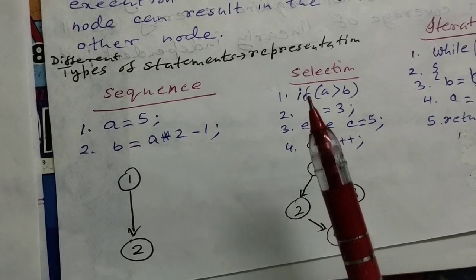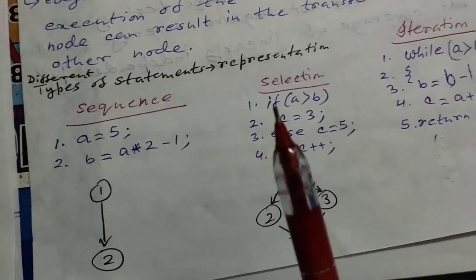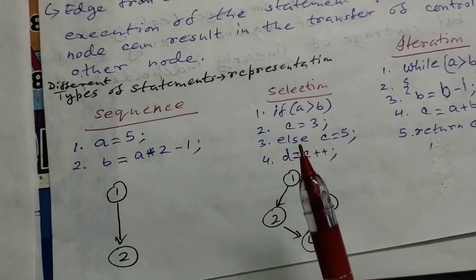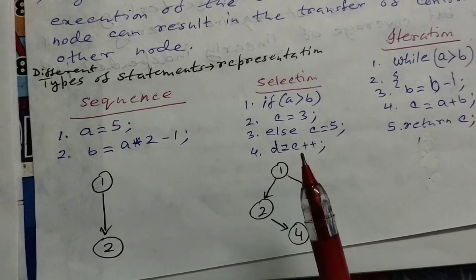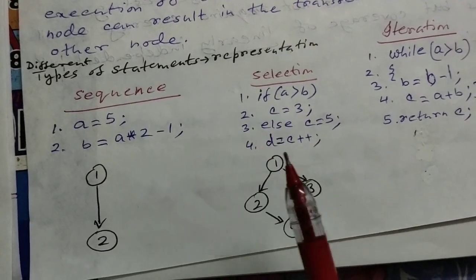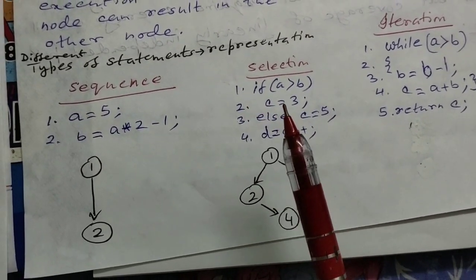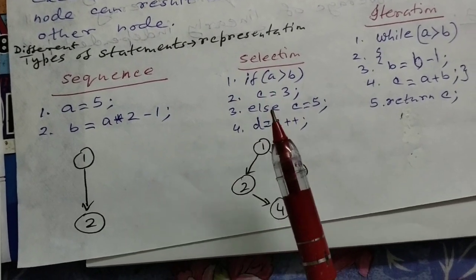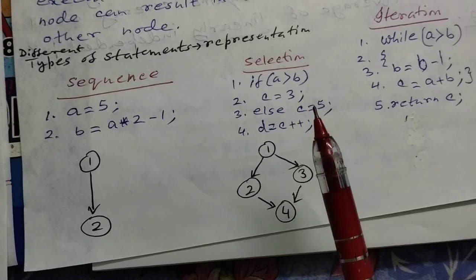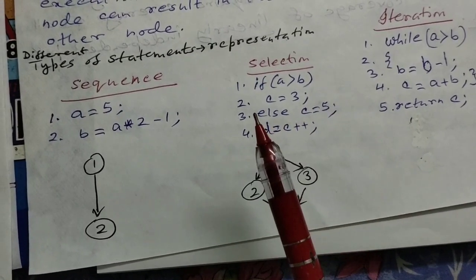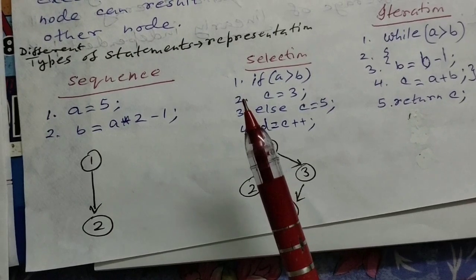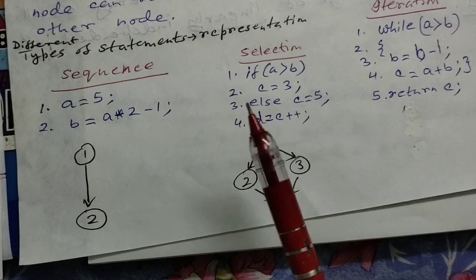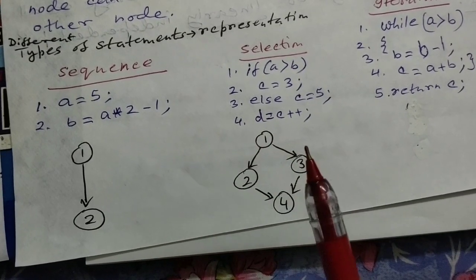Now selection or branching. Here for a decision statement, like if a greater than b, then c equals 3, else c equals 5, then d equals c plus plus. As you can see, from 1 it can go to 2 if it is true. If it is not true, then it will go to 3, that is the else, c equals 5.